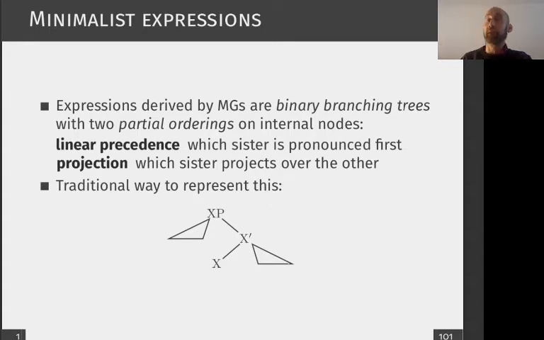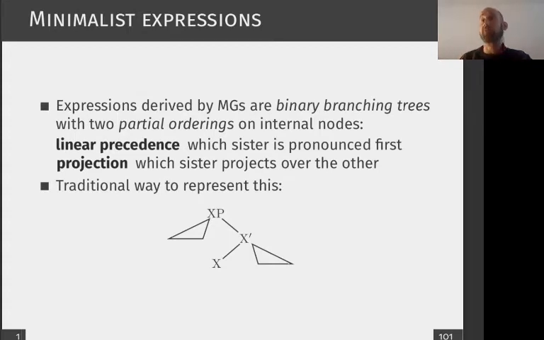Okay. So linear precedence is known to everybody. When you write down a syntactic tree, you always write it in reading order, so you write the thing that you pronounce first farthest to the left, and the thing that you pronounce last farthest to the right. This is true even if you adopt the idea that syntactic structures are actually linearly unordered, as many people do nowadays.